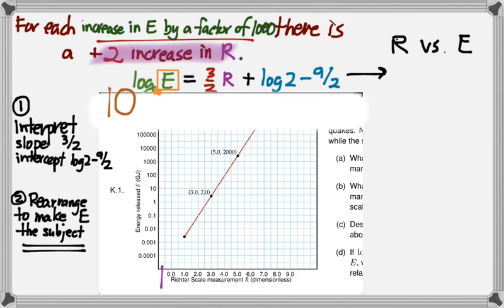10 raised to the left-hand side power must be equal to 10 raised to the right-hand side power. And the point of all that was what happens on the left-hand side.